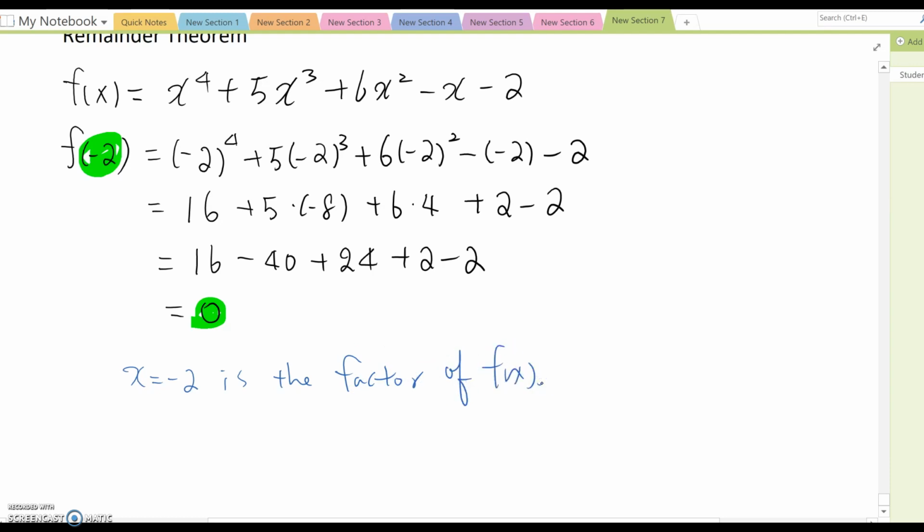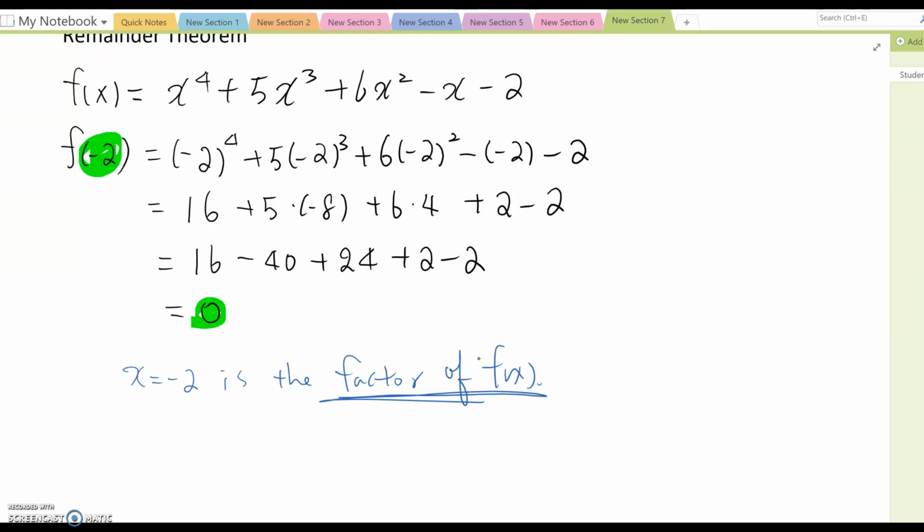Okay, so which means a factor of f(x) means any factor you plug into the x value, the outcome becomes 0. That is a factor of f(x) here. On the other hand, there's no remainder, basically.